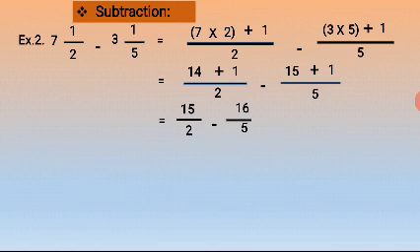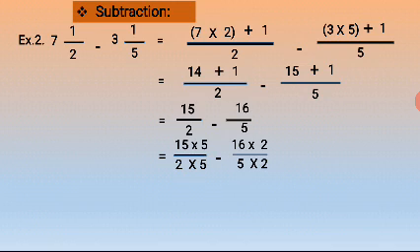So we multiply the first fraction by 5, so 15 into 5 upon 2 into 5, minus 16 into 2 upon 5 into 2.